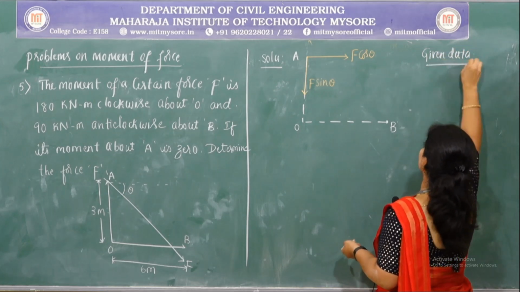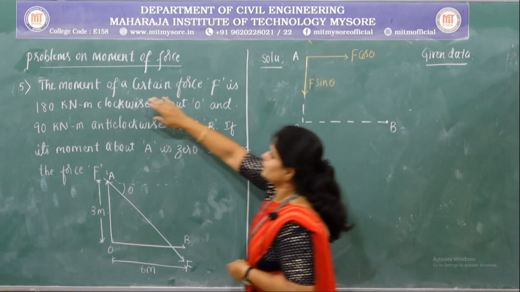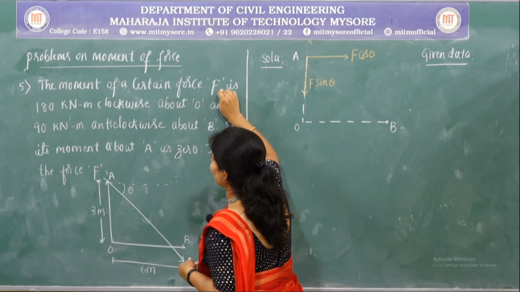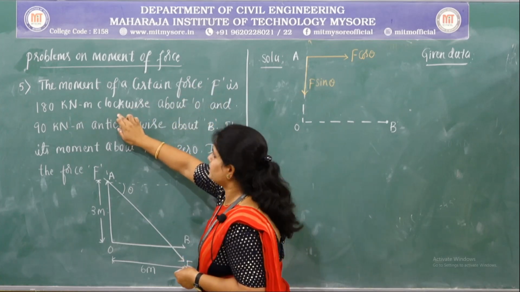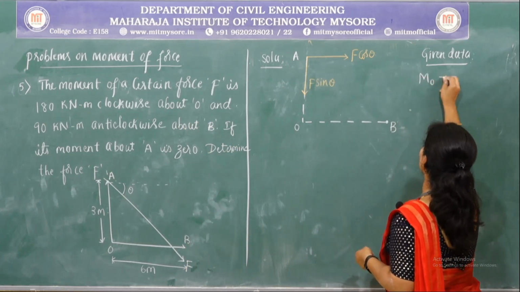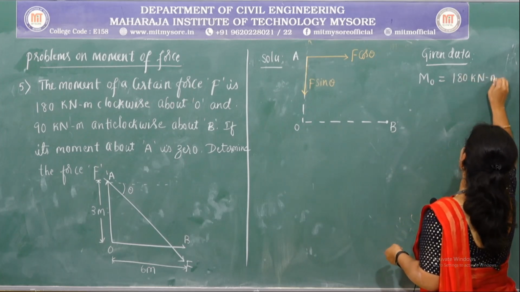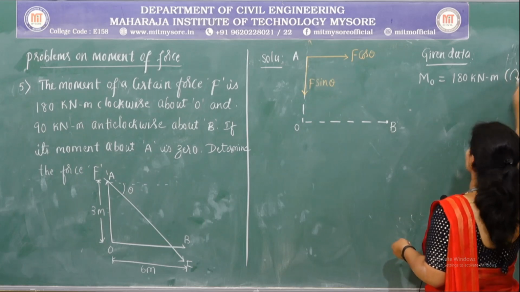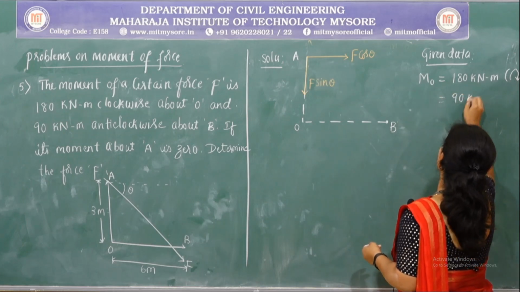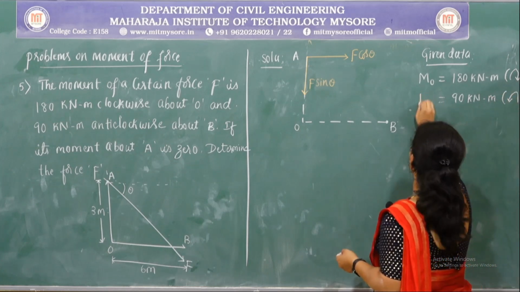On writing the given data first, we will get the solution easily. The moment of a certain force F is 180 kilonewton meter clockwise about O. That means the moment about the point O is equal to 180 kilonewton meter, and the direction is clockwise, and the same force is having a moment of 90 kilonewton meter anti-clockwise about point B.